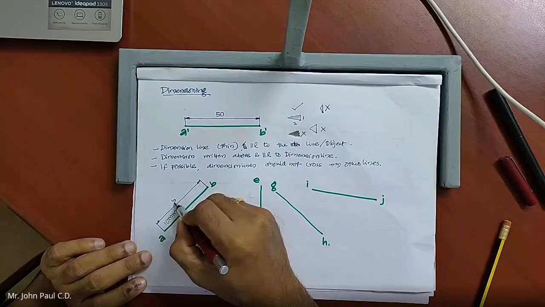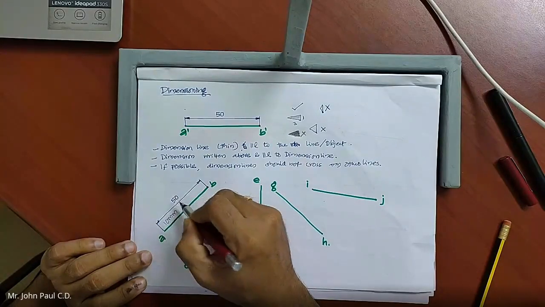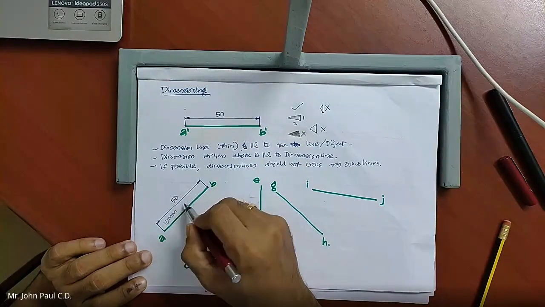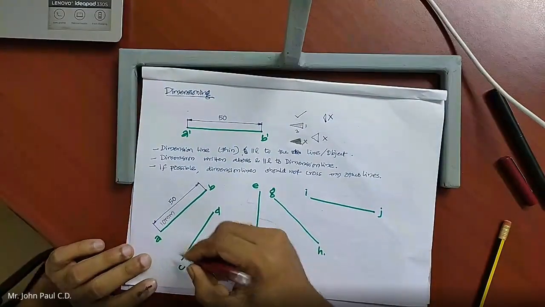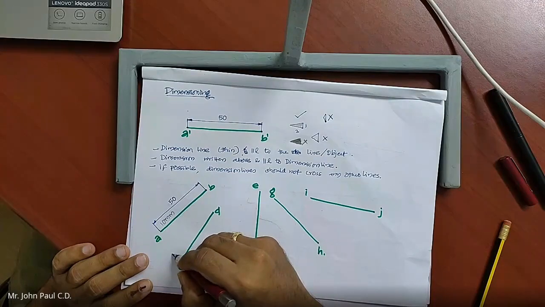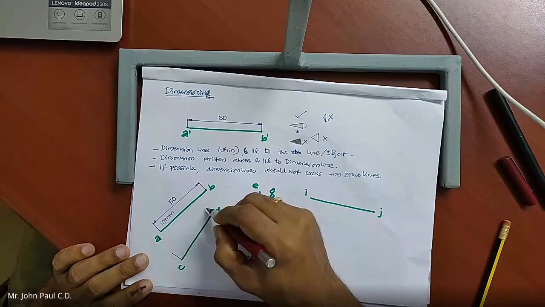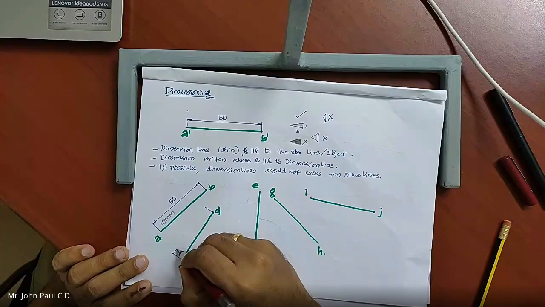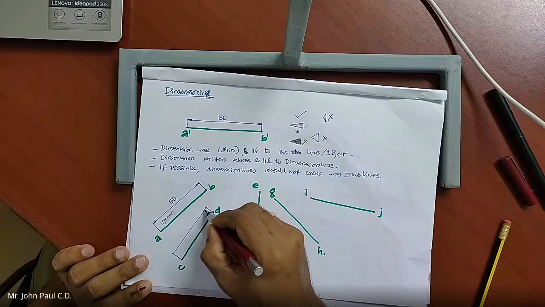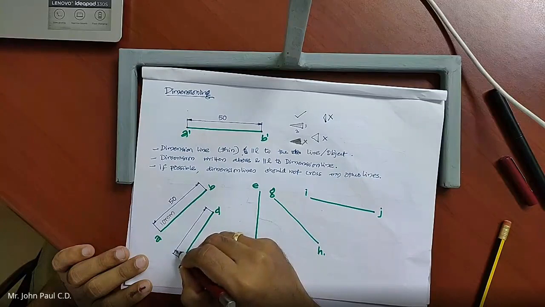And the dimension is written above this one. So this is 50. I mark it above the dimension line, not touching it, at a center position. Now I have a CD, which is also of dimension 50. So I will draw the perpendicular line from here. And I will draw the dimension line here with an arrowhead there.